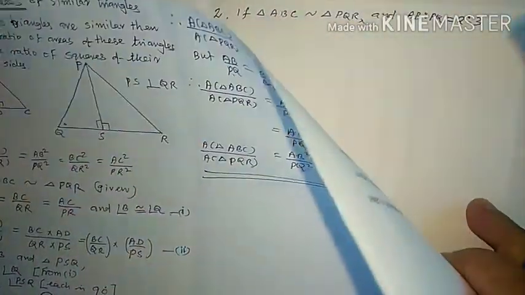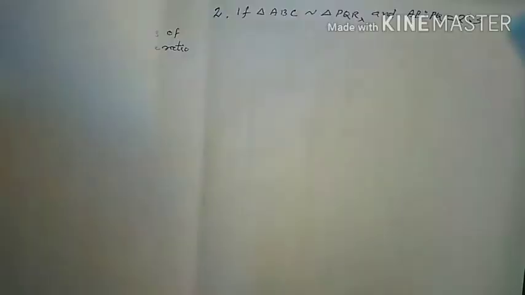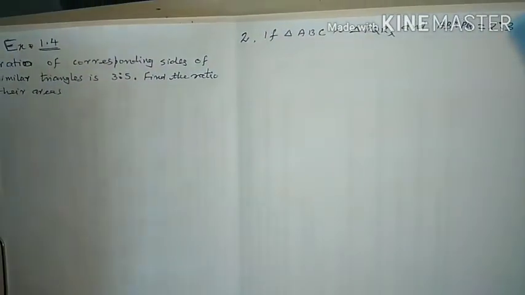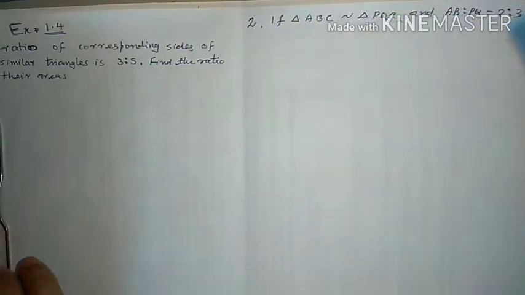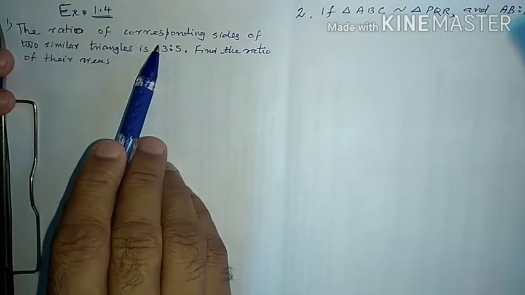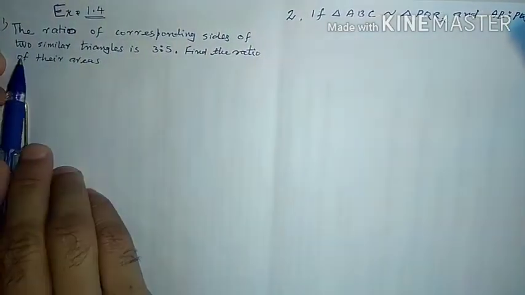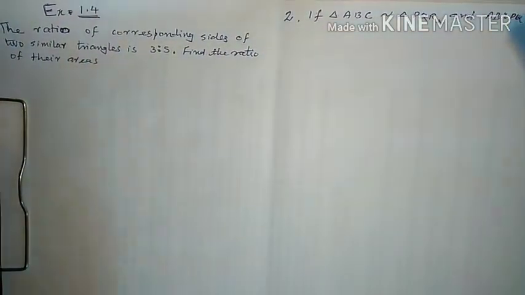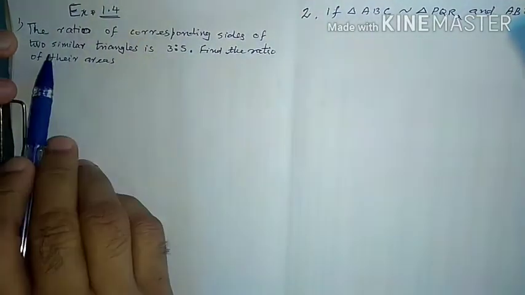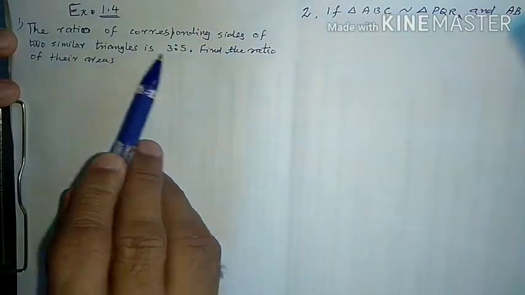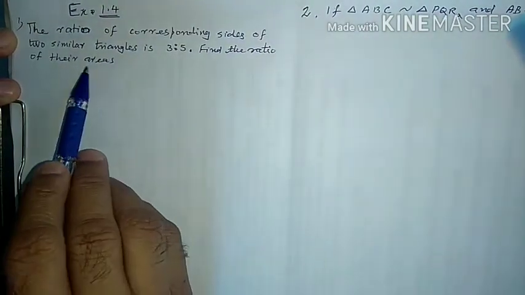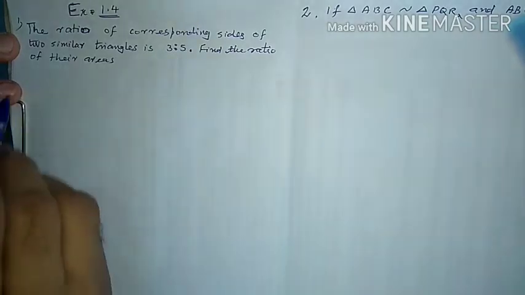Here it is now Exercise 1.4. The first question says: the ratio of corresponding sides of two similar triangles is equal to this. Find the ratio of their corresponding areas.